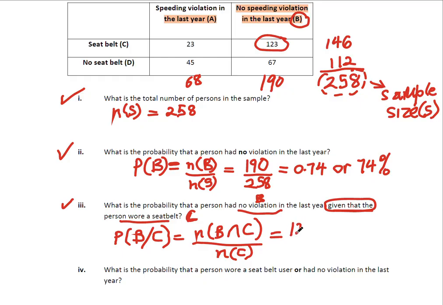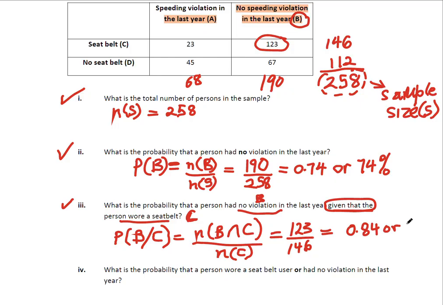So the numerator would be 123, and we're going to divide that by the number of observations in C, the number of persons who wore seatbelts, and that's 146. And this is the probability that a person had no traffic violations, B, given that they wore their seatbelts, which is C. When we simplify this fraction, 123 divided by 146, we get 0.84, or in other words, 84%.